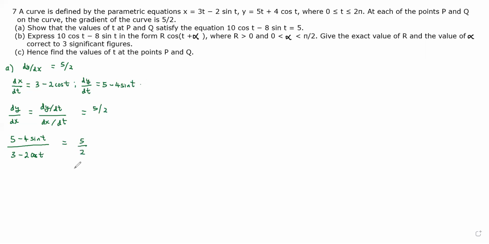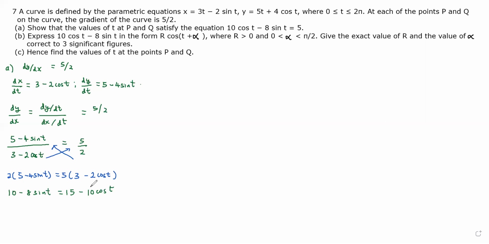We can cross multiply. Upon cross multiplying, we have 2 times 5 minus 4 sine t equals 5 times 3 minus 2 cos t. Expanding, 10 minus 8 sine t equals 15 minus 10 cos t.